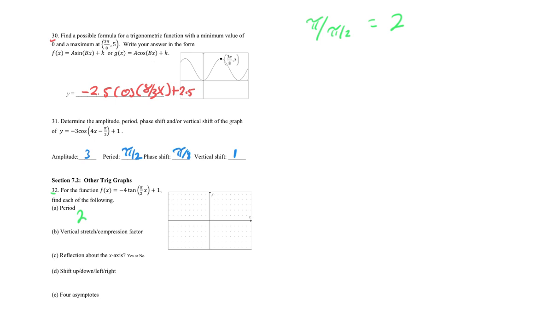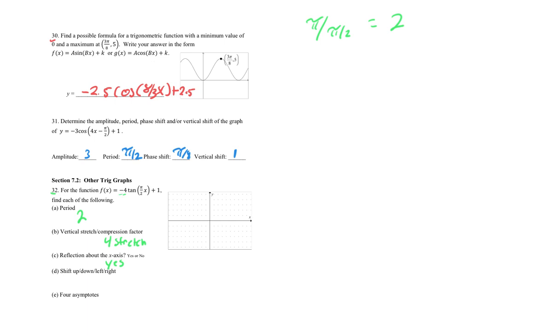The vertical stretch / compression factor, we can see that that's right here with the 4. So we will have a stretch of 4. Does it reflect about the x-axis? Yes.